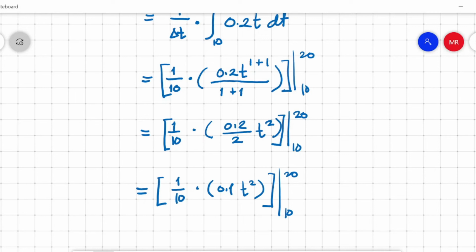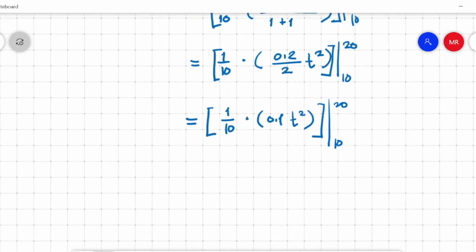Then we will just have to subtract the value that we will get from substituting the upper limit minus the value that we will get in substituting the lower limit. So the upper limit is 20. If we will substitute t, the upper limit, let's say time is 20 seconds.